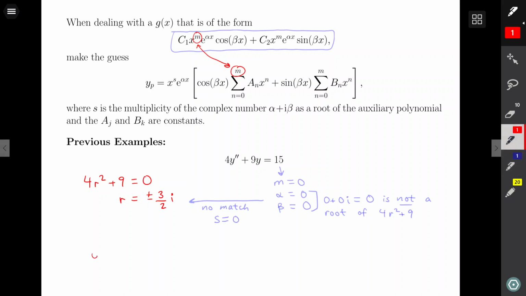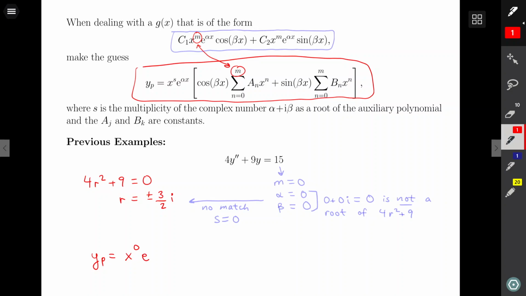So you tie it all together. You use that formula up here inside this that I'm circling. So x to the s, x to the 0, e to the alpha x. What was alpha? Alpha was 0. e to the 0x. Big set of parentheses. Beta was 0. Cosine of 0x. Now this sum here, remember m was 0 in this case.